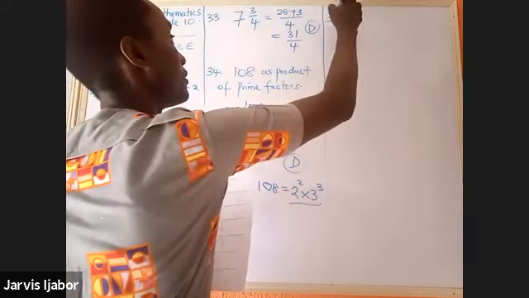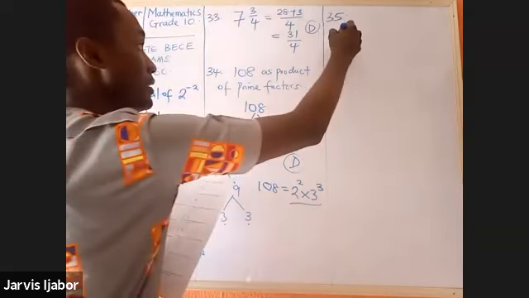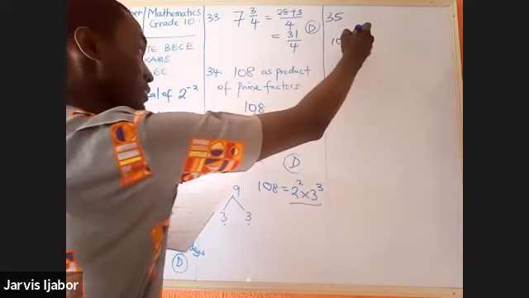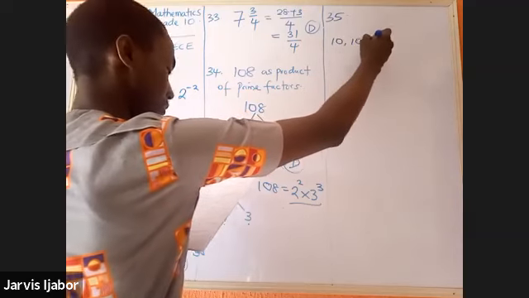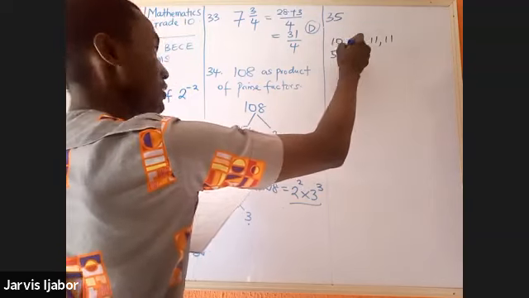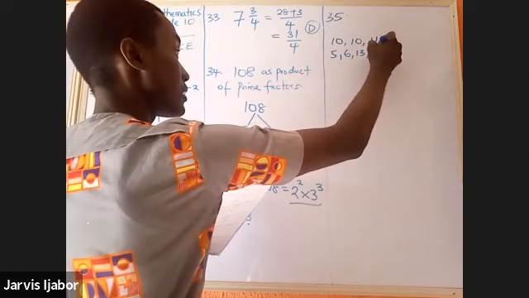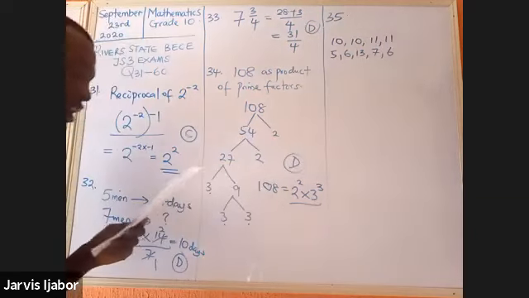All right, so question 35. In question 35, it says, what is the range of the set of numbers? And the set of numbers given to you are 10, 10, 11, 11, 5, 6, 13, 7, and 6.